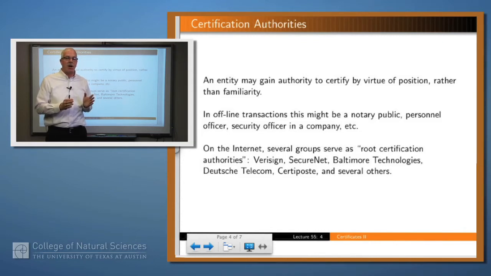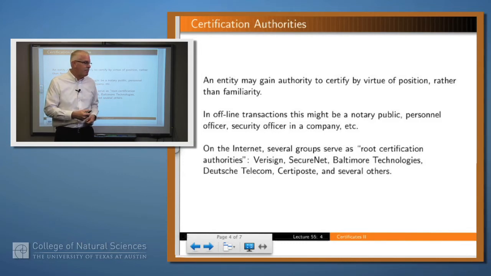And so if they become untrustworthy within the marketplace, they're going to go out of business. And so they have a strong commercial incentive, a financial incentive, to guarantee that they get it right. And therefore, if you see a certificate signed by VeriSign, you can be pretty sure that they checked pretty carefully to make sure that the binding between the public key and the identity was in fact valid.